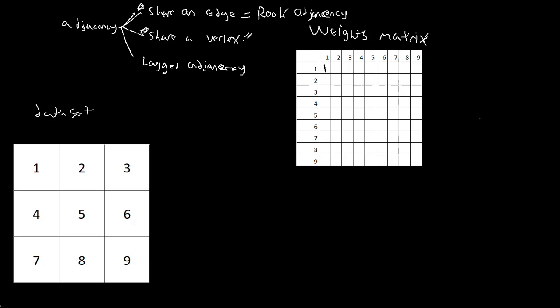Similarly, if they share a vertex, we can call this queen adjacency, right? Where they share vertex. So for right now, what I want to do is fill out this weights matrix using the Rook's case.